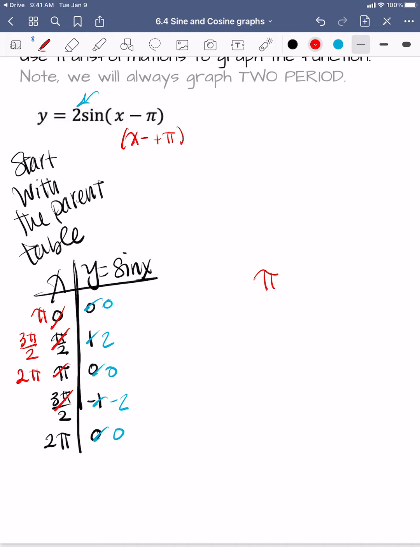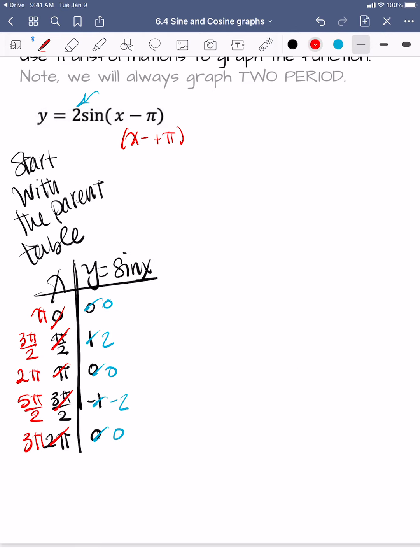Adding pi, just a side note, if you're in this class, you should be okay with coming up with 5 pi over 2 without me showing this, but just in case, here it is. So I'm adding pi.